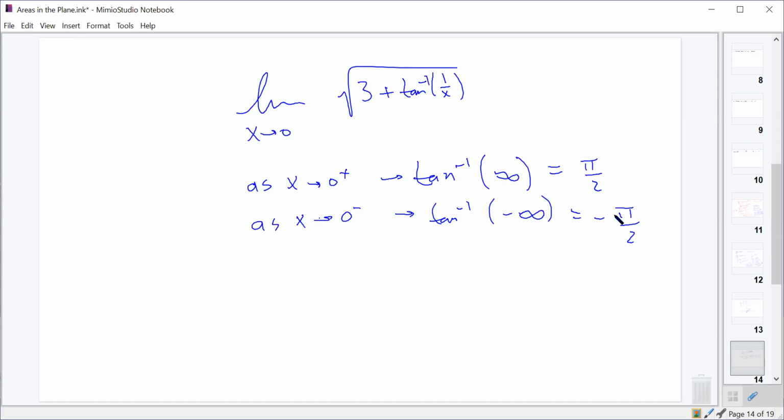So from the right, it should be approaching root 3 plus pi over 2, and from the left, root 3 minus pi over 2. Since from the right and the left it's approaching different values, this limit doesn't exist at all. Does that make sense?